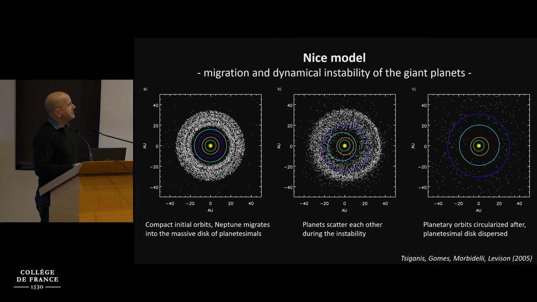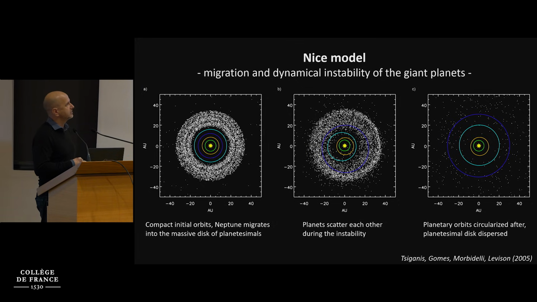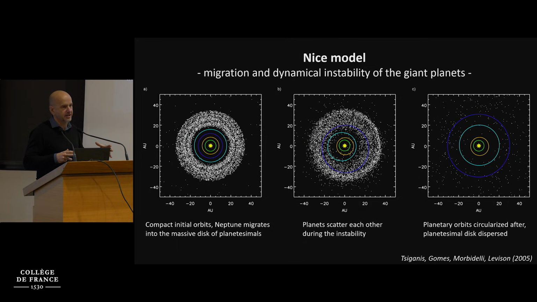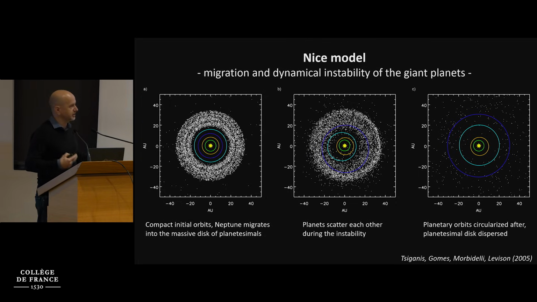Then there is a need for, and I will explain that in a second, a dynamical instability of the planets, where the planetary orbits are excited to slightly higher eccentricities, and they also are tilted from the orbital plane. And then during the late stage, the effects of the background planetesimal disk stabilize the orbits of the planets where they are now. And at the same time, this massive disk gets dispersed. And we will see that that disk is a source of the comet reservoirs. I will show that in detail.